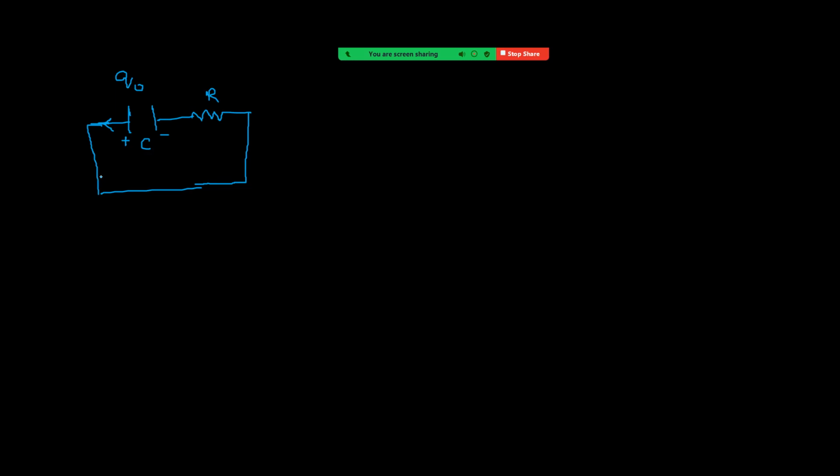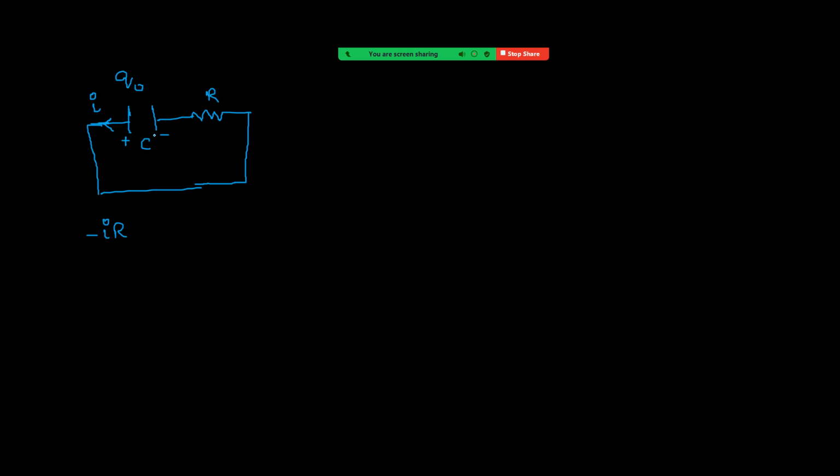Now see here how the charge decreases as a function of time. If I take Kirchhoff's second law, suppose the current is I. We are moving along the current flow, taking anticlockwise. So take minus IR.